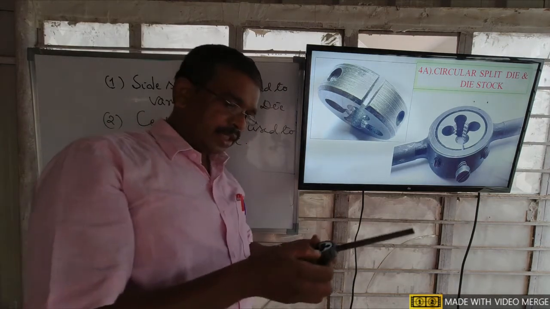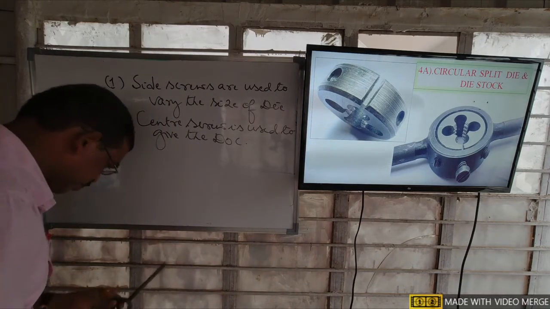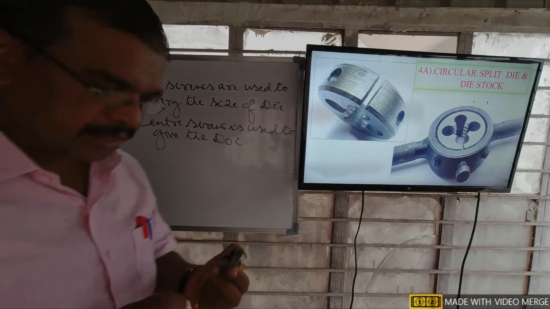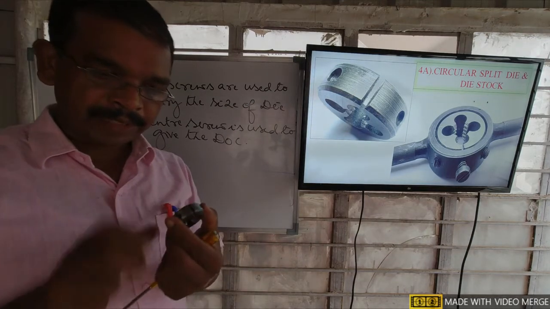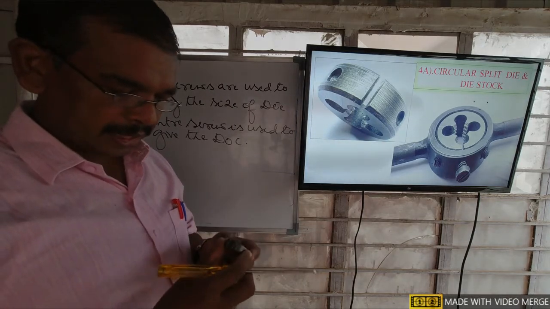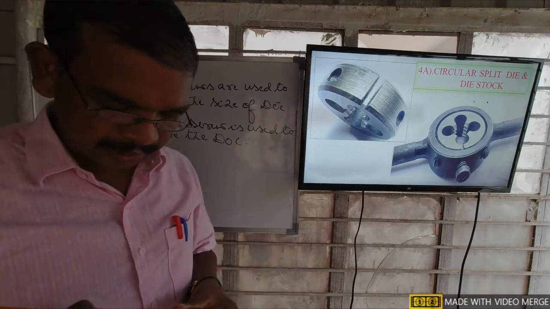See here, this is the die and die stack. Okay, this is the die. See here, this is the split button or circular type die. So you are seeing the slit here. It has two side screws and one slot, and also threads are there.